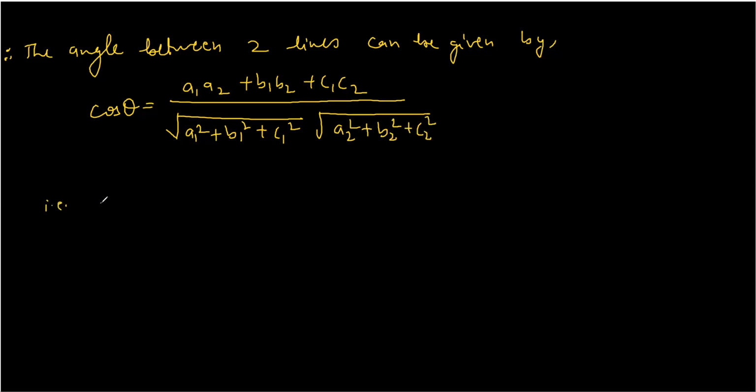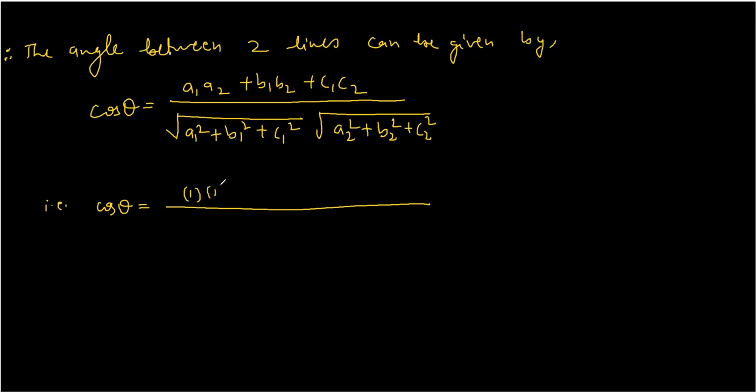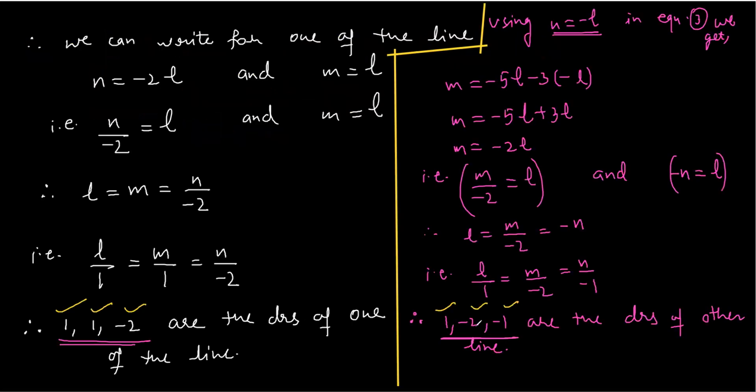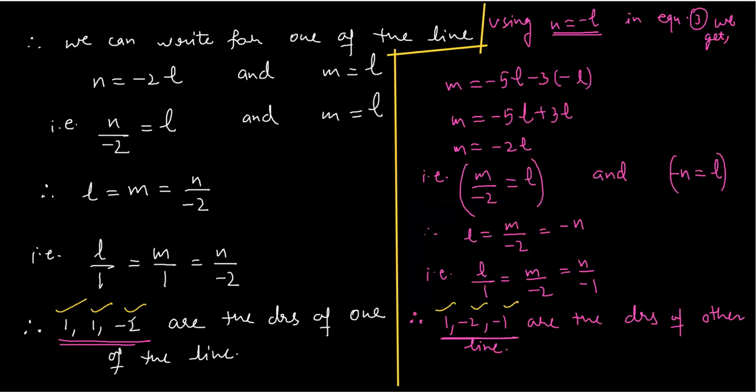That is cos theta equals to, you can check, a1 b1 c1, a2 b2 c2. So a1 a2, 1 into 1, you will have 1 plus b1 b2, that is 1 multiplied with -2, plus c1 c2, that is -2 multiplied with -1.